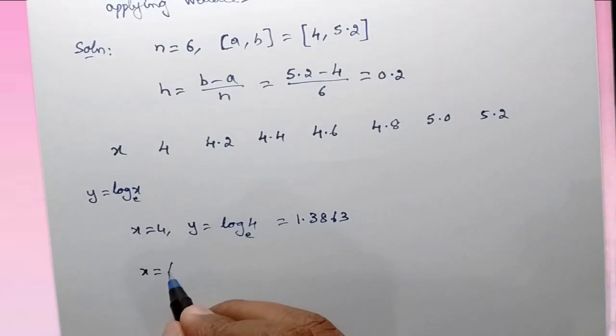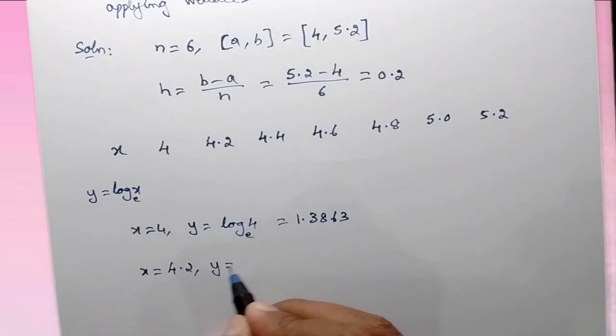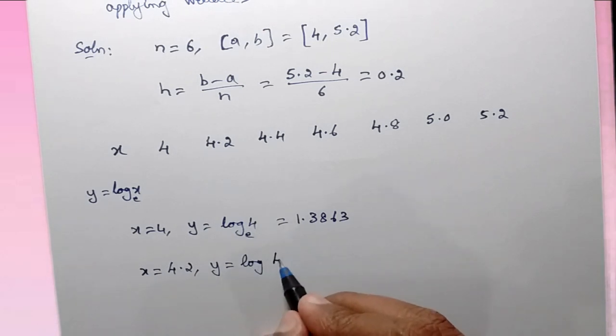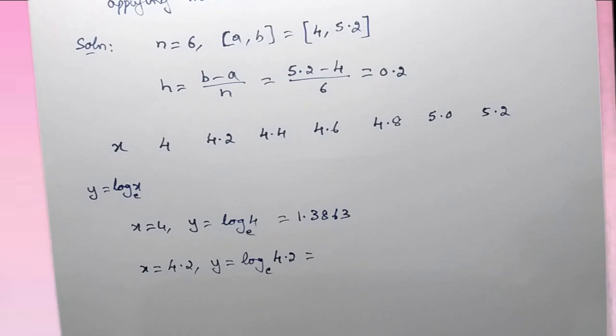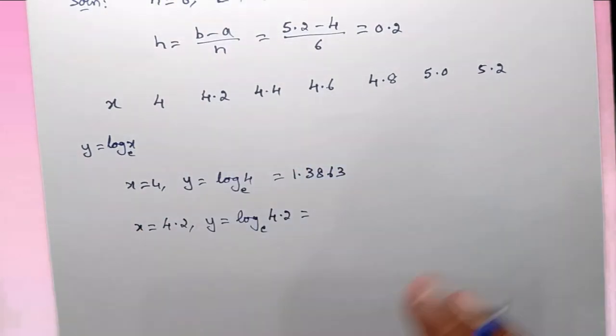So when x is 4.2, y value will be equal to, so just calculate all these values. Let me know the value of y. I'll just give you some time to calculate these values.